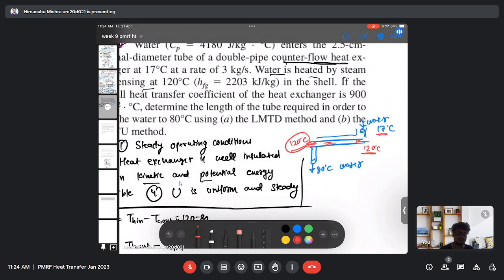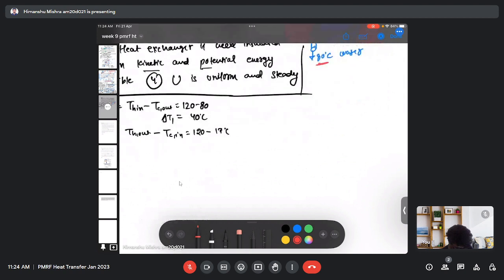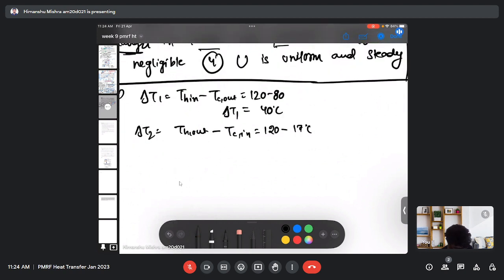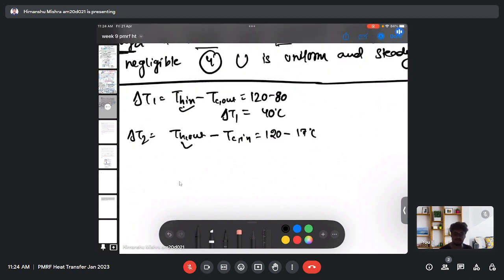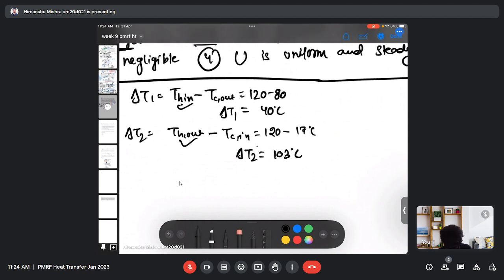It is 17 degrees Celsius at inlet, and at outlet it is 80 degrees Celsius. Since the hot fluid is condensing, at inlet and at outlet my temperature is constant, which is 120 degrees Celsius. So my ΔT2 is 103 degrees Celsius.